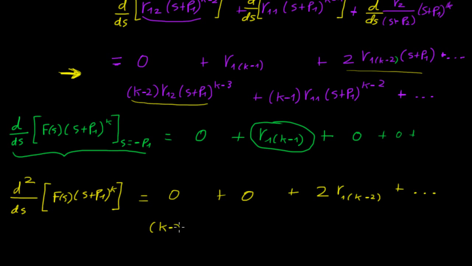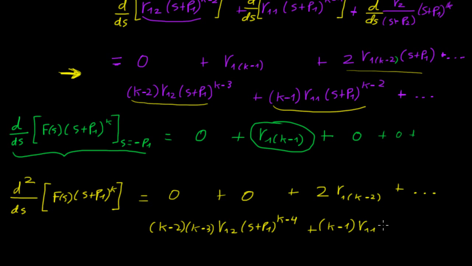is (k - 2) times (k - 3) times r12 times (s + p1)^(k-4), and the derivative of this part is (k - 1) times r11 times (s + p1)^(k-2), and all the rest of terms whose derivative we don't care about.